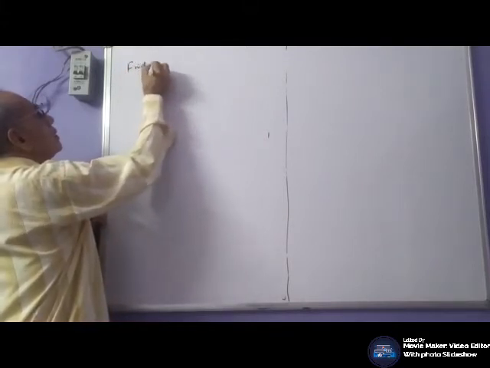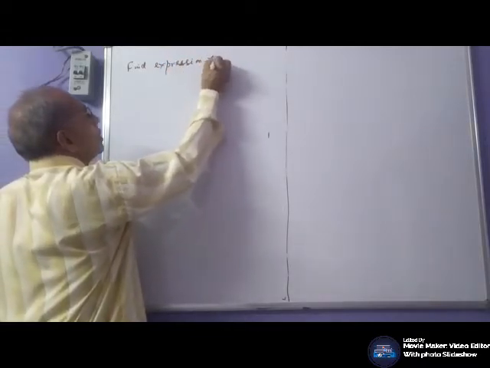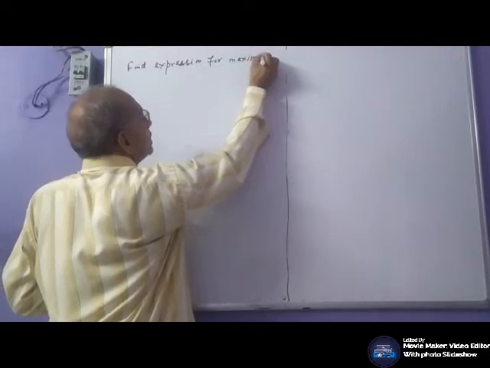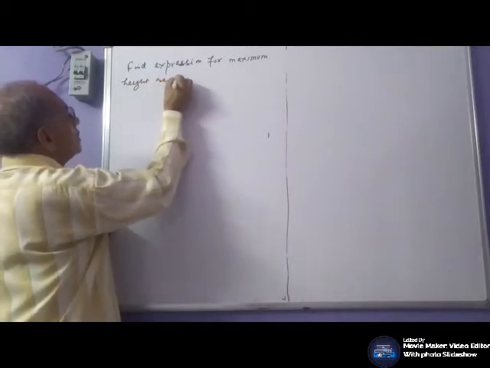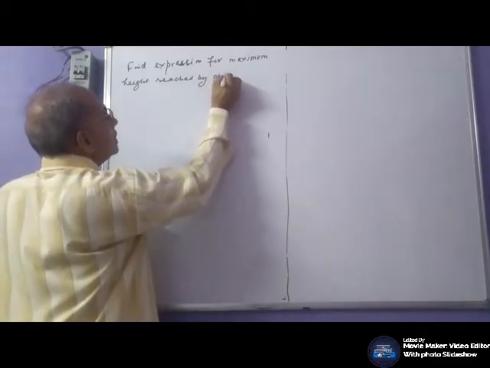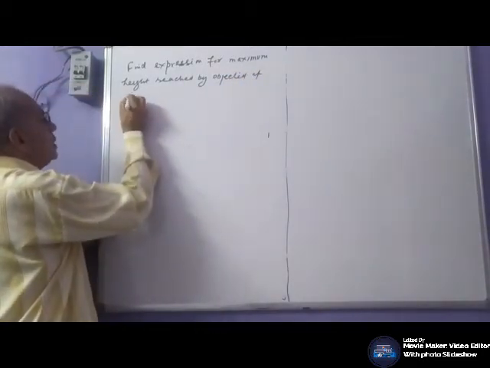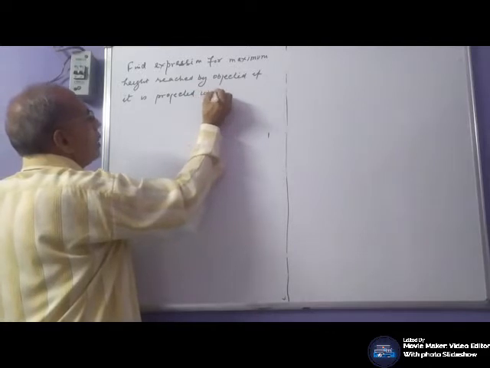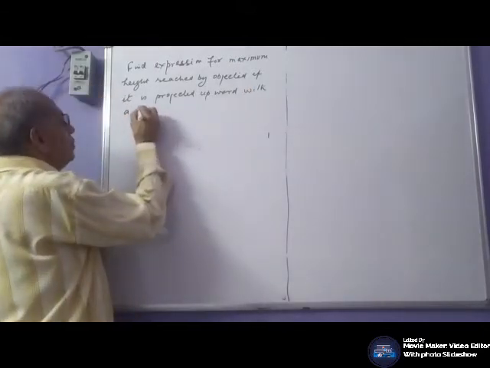Find an expression for the maximum height reached by an object if it is projected upward with a velocity.